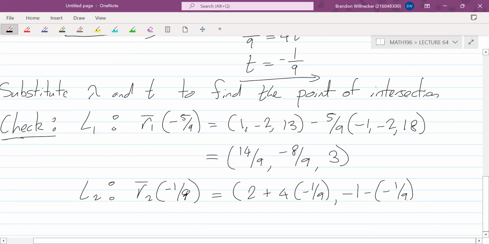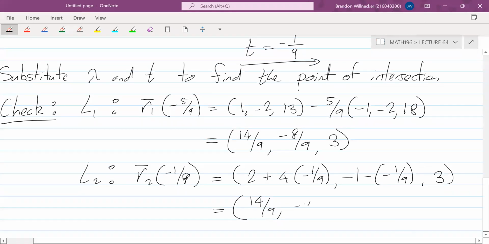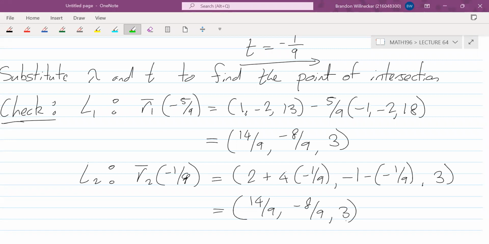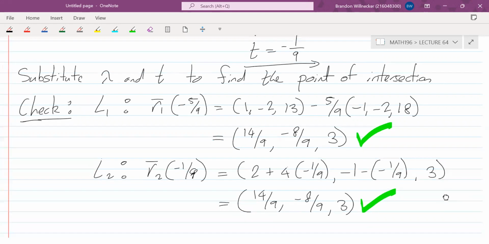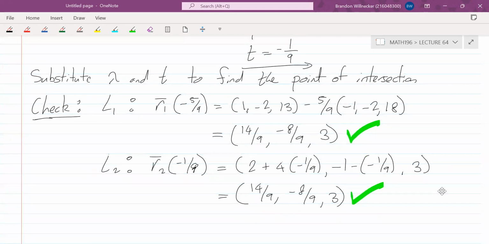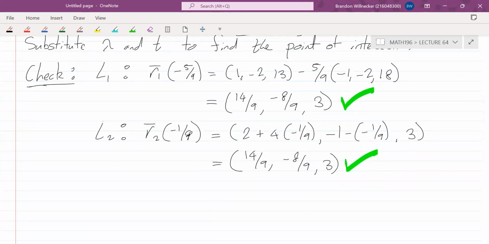So careful with the double negatives there. And 3. If we simplify this, we're going to get 14/9, which is good. That matches up there. We're going to get -8/9, which also matches, and 3. So L1 and L2 give us the same point. So tick and tick. Therefore, what we've done is correct, and this must be the point of intersection.